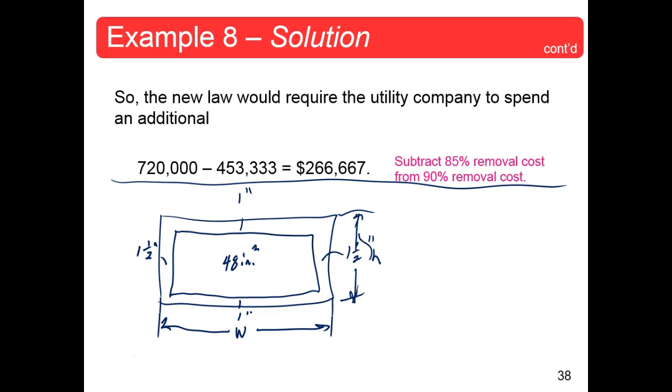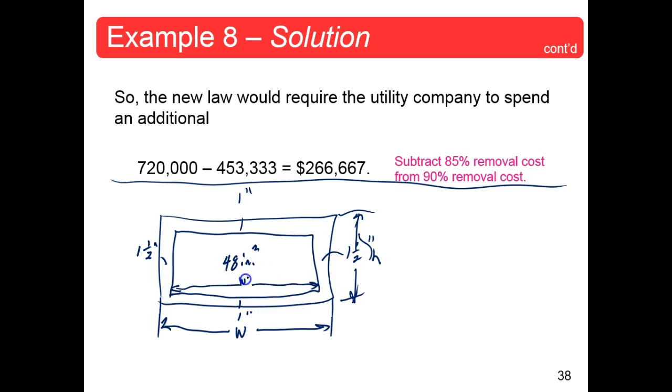Now, what is the dimensions of your printed area? That 48 square inches. We know it's that. But what is the dimensions of that? What would this length here be?